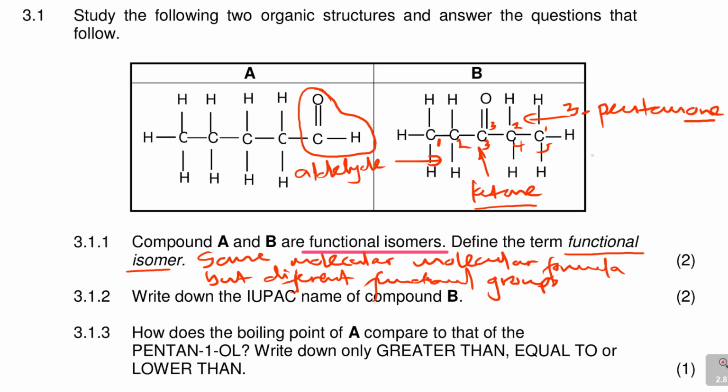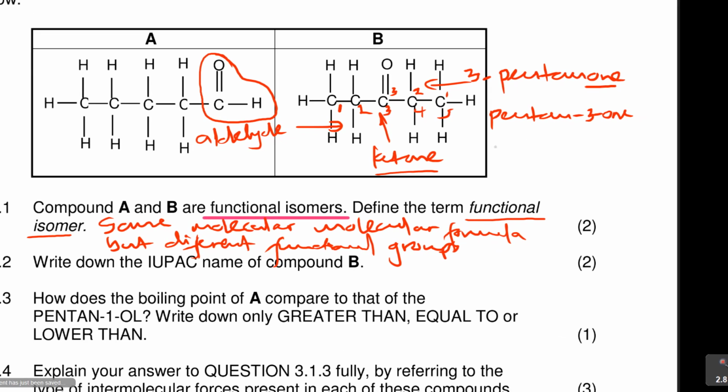But if you want to write it the right way, it's pentane and then pentan-3-one. So how do you see it? You write pent. Remember the name change: pentanone, penten 1. If you combine these two, it's pentan-1.